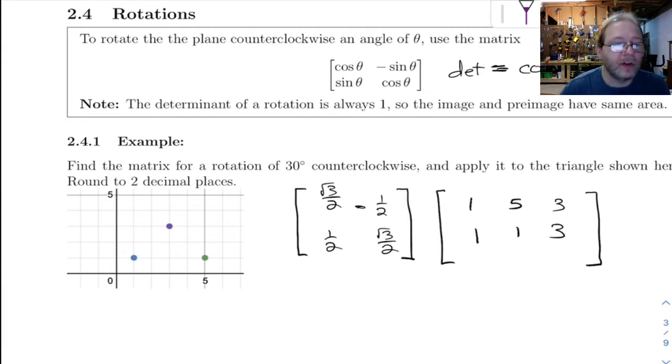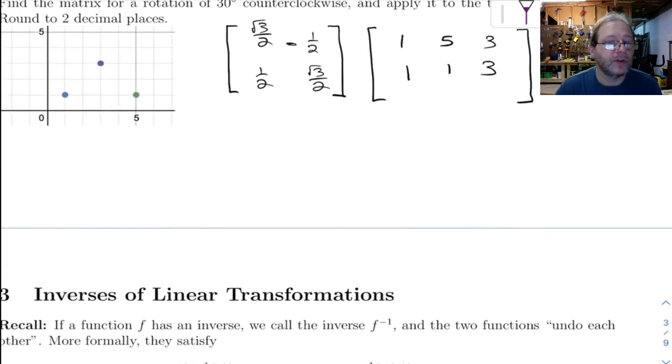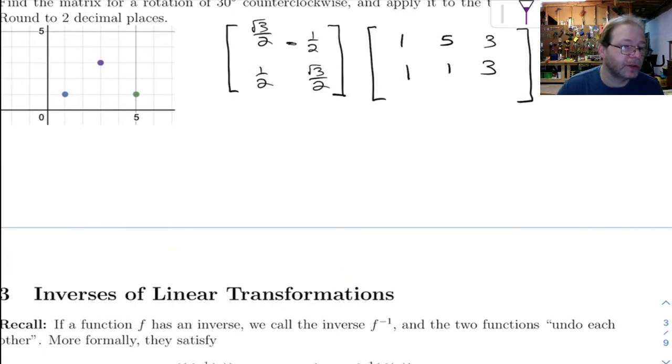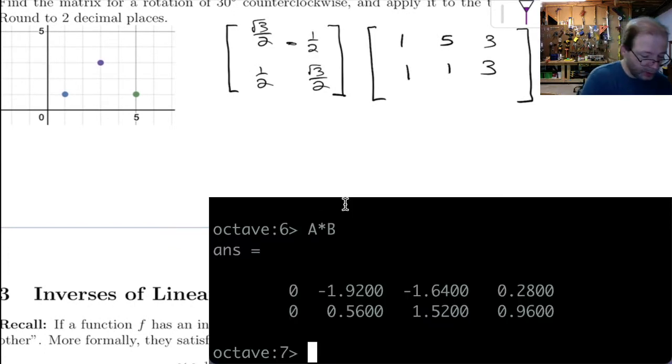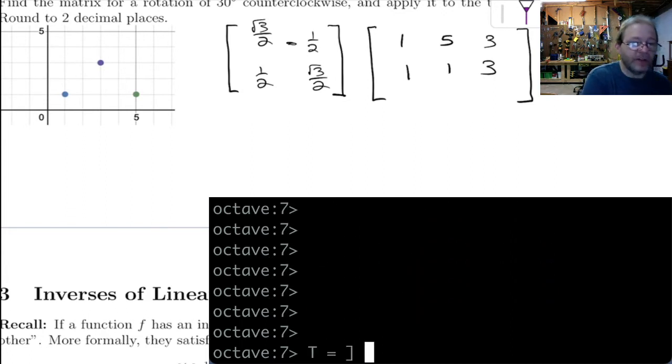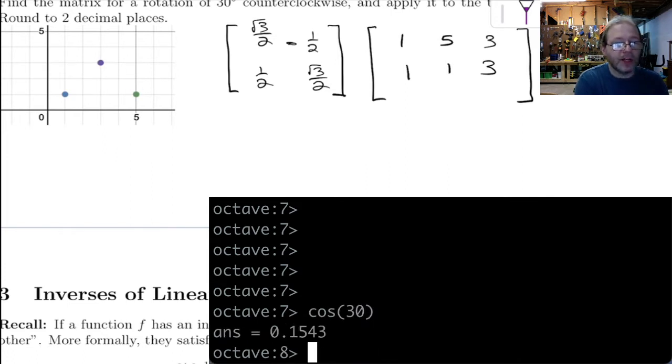So let's get the computer to do this calculation for us. I'll call it T. So we've got, a good question, how do we put this into Octave? If I just put in cosine of 30, it's dealing in radians. So probably the easiest thing to do would just be to type these things in.